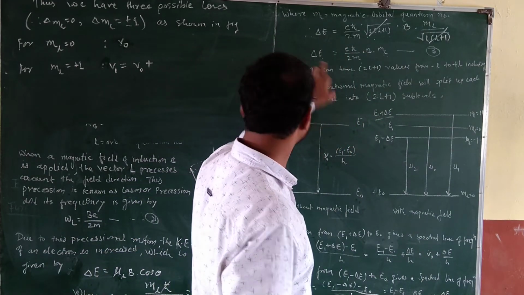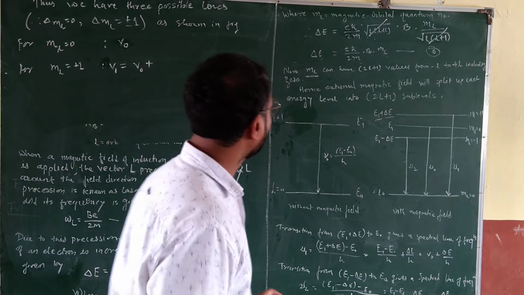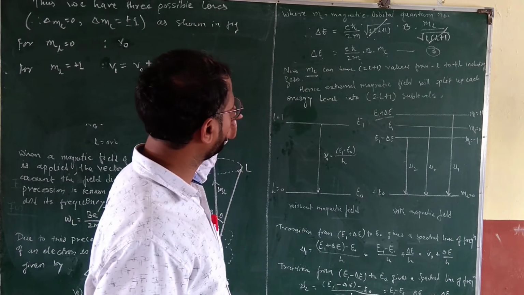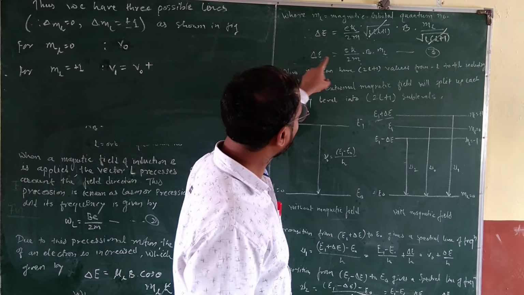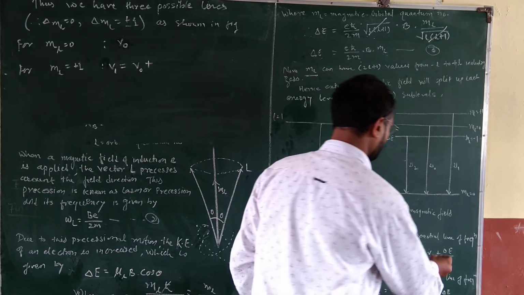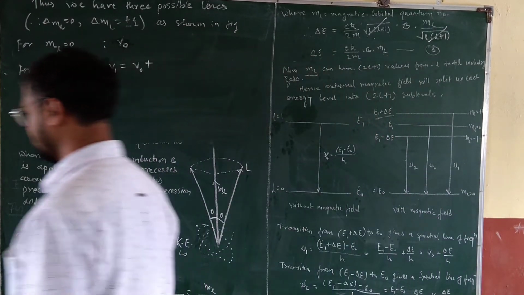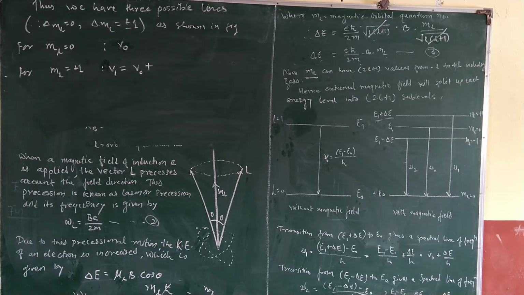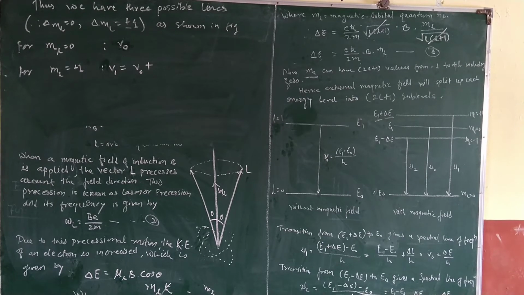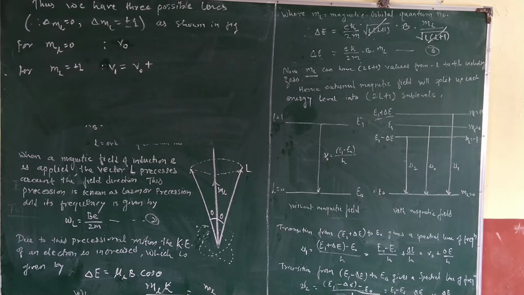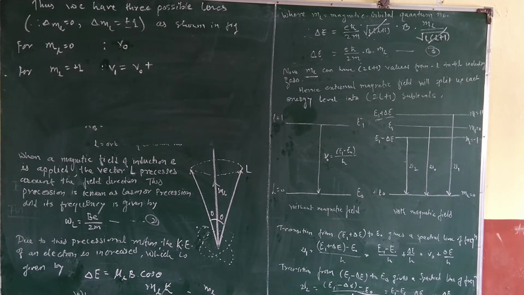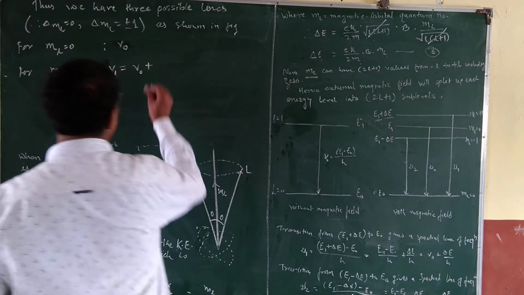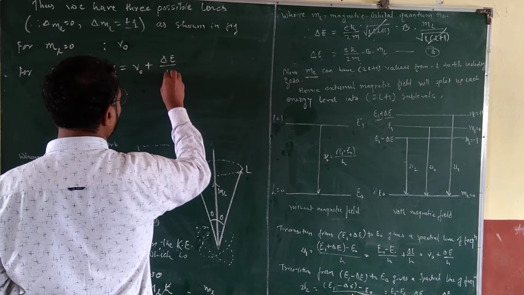So frequency v1 is equal to v0 plus del E upon h.